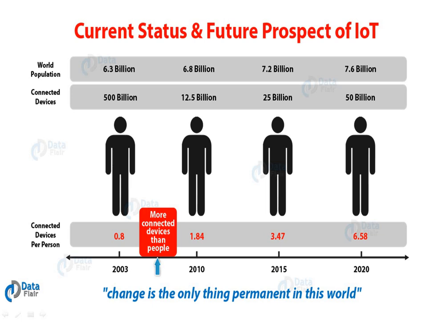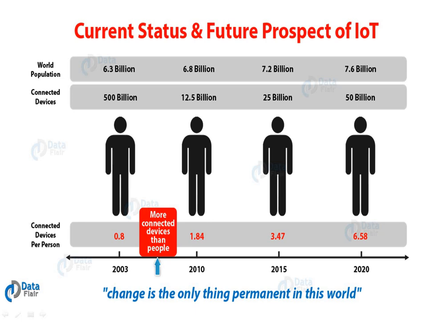In 2015, 7.2 billion world population, 25 billion connected devices, which is 4 times. So per person, connected devices are 4 times. And in 2020, 7.6 billion world population, 50 billion connected devices.